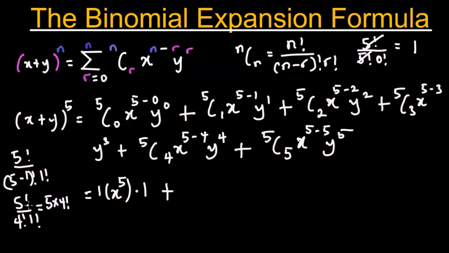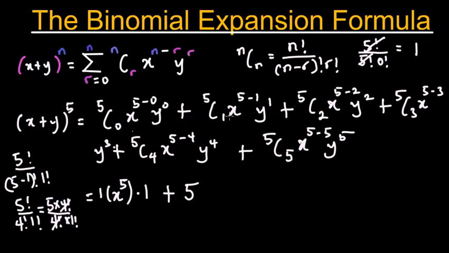Recall that 5 factorial is 5 times 4 times 3 times 2 times 1, but since we have 4 factorial in the denominator, we have 5 multiplied by 4 factorial over 4 factorial multiplied by 1 factorial. So 4 factorial cancels out 4 factorial, and we're left with 5. So 5 combination 1 is 5. From this, we can also conclude that any number combination 1 is that number. If we have 6 combination 1, it is 6. And any number combination 0 is 1. So here we have 5 multiplied by x to the power of 5 minus 1, that will be 5x to the power of 4, multiplied by y to the power of 1, which is y.